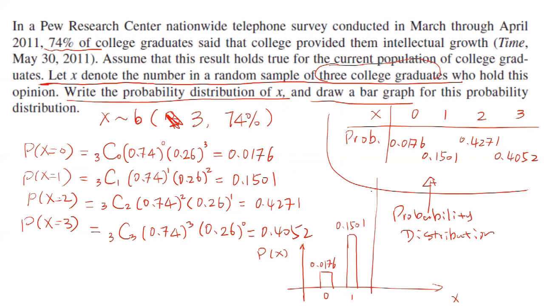When X is 2, the probability is 0.4271. And when X is 3, the probability is 0.4052. Any questions?